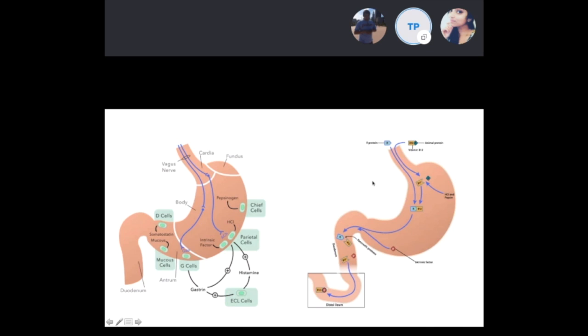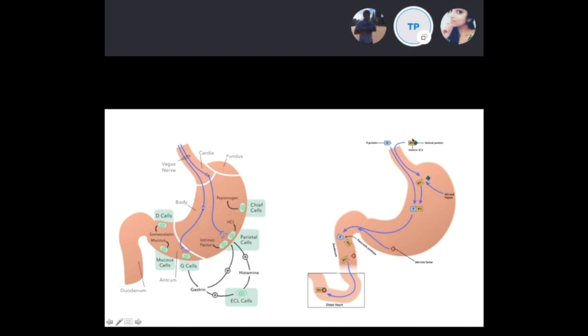The picture on the right is showing the R protein that I spoke about in the very beginning in the oral cavity. The R protein is a byproduct of the digestion of the starch, and it's created from the salivary glands, and it promotes absorption of vitamin B12.